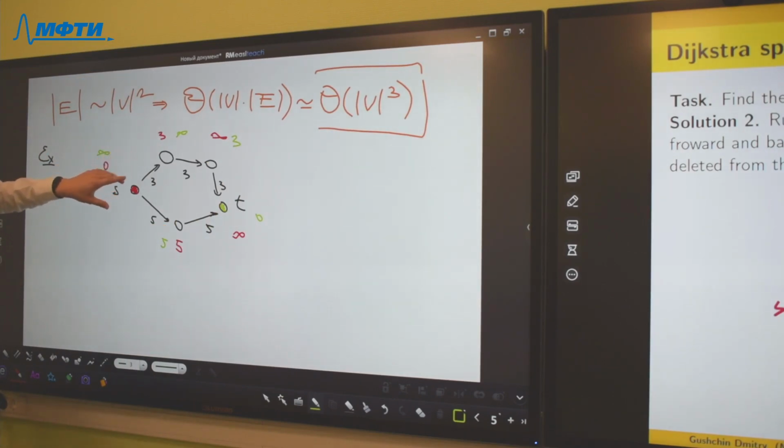Then we see we don't terminate these vertices. Yeah. So the vertex with the minimal distance to the source is 3. We extract it and relax this edge.